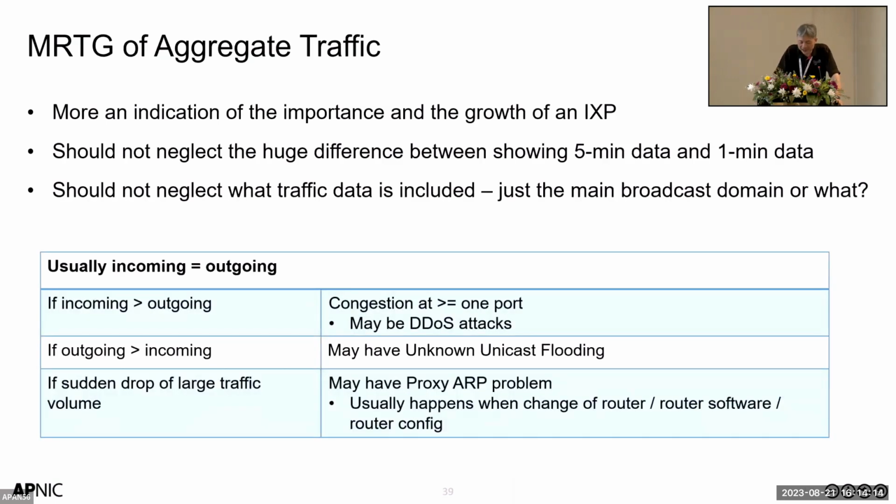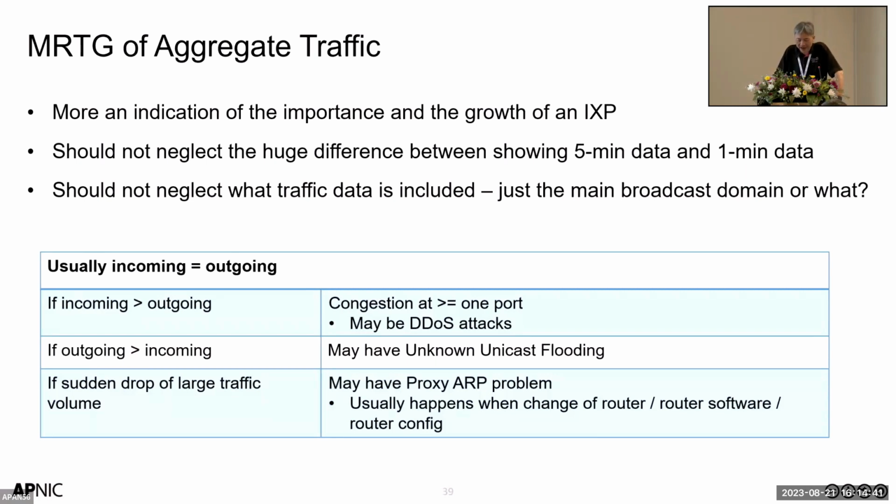One interesting thing I want to share with you is I love to watch the MRTG graph. You would actually provide the traffic data on maybe your website so as to show people how much traffic you are carrying.